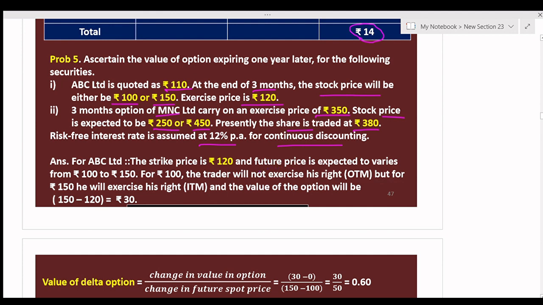Now, for ABC Limited, the strike price is 120 and the future price is expected to vary from 100 to 150. For rupees 100, the trader will not exercise his right because it is OTM. But for rupees 150, he will exercise his right because it is ITM, in the money, and the value of the option will be 150 minus 120 is equal to 30.